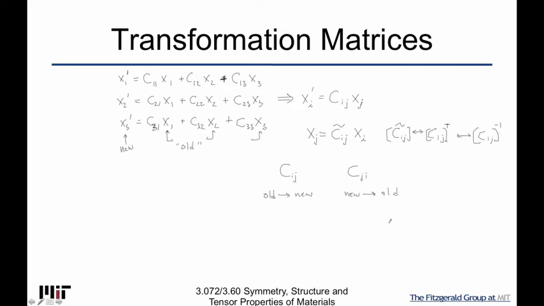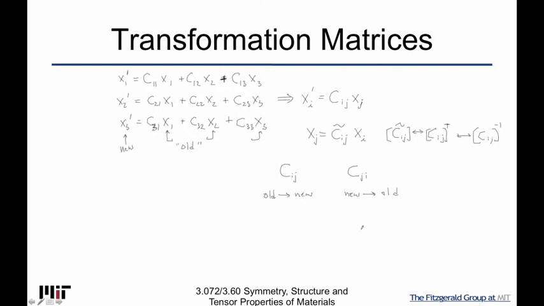It's a little bit dangerous because now the notation really means something. We're going to talk about transforming tensors. And if you just arbitrarily start flipping these around, you're actually changing the wrong coordinate system.